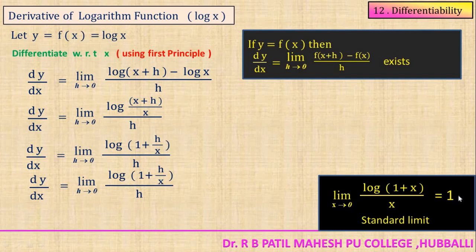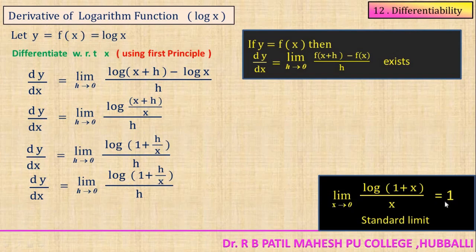As we have the standard limit sine theta upon theta as theta tends to 0, one, like that. For the logarithm we have this function, log 1 plus x divided by x, where whatever term is in this place should be the denominator and should be tending to 0. Then what is the limit answer?